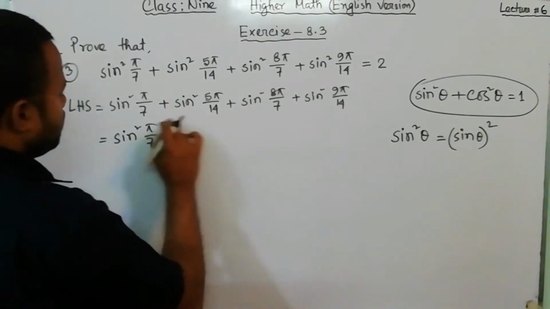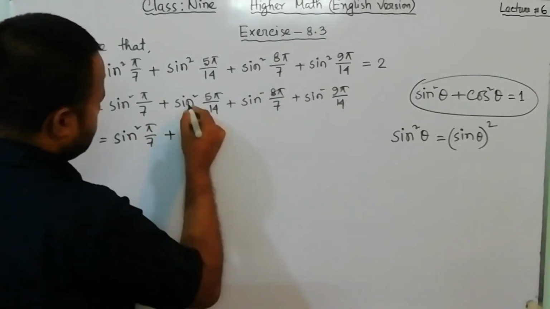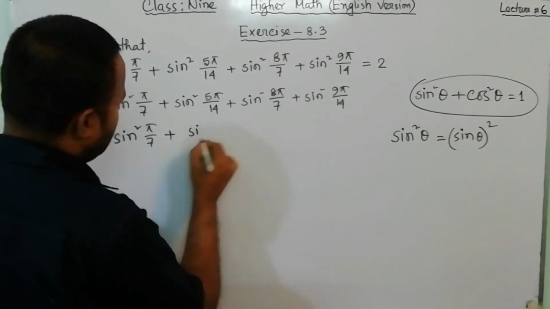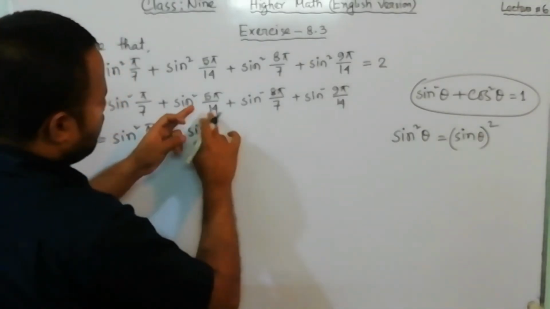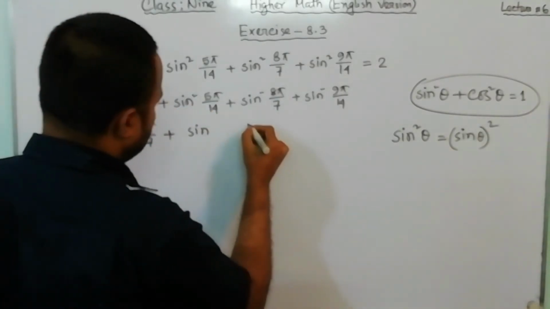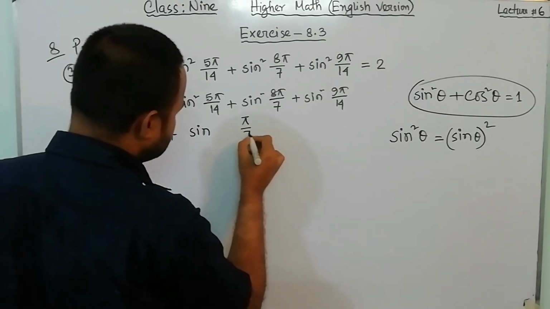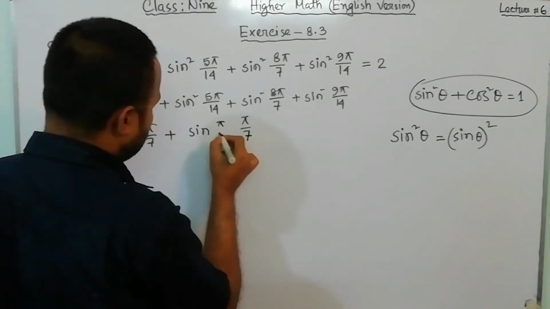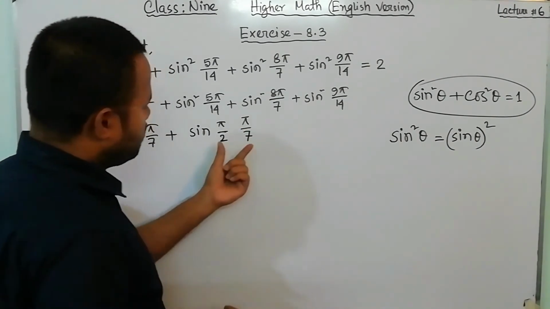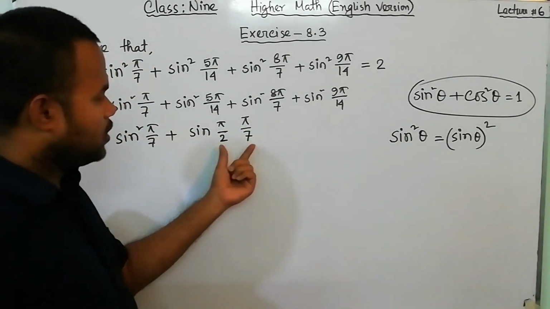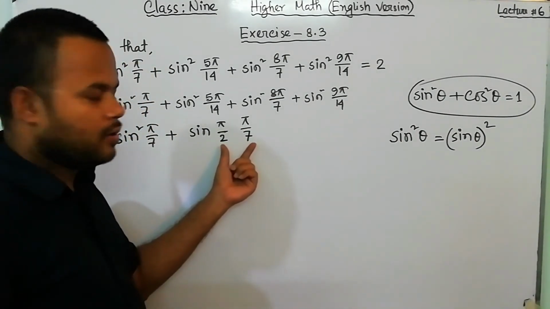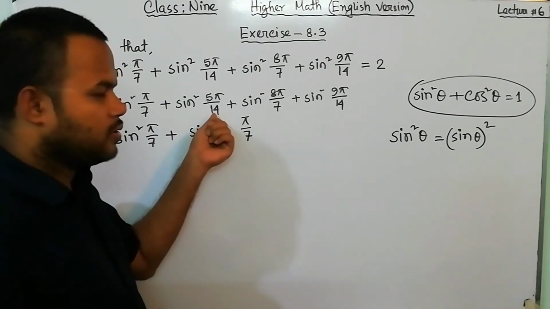Okay, so for sine, we can convert this angle as π/7 and here π/2. If we take the LCM, then we have 14 here.